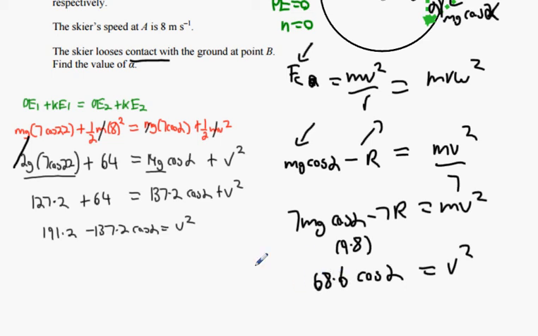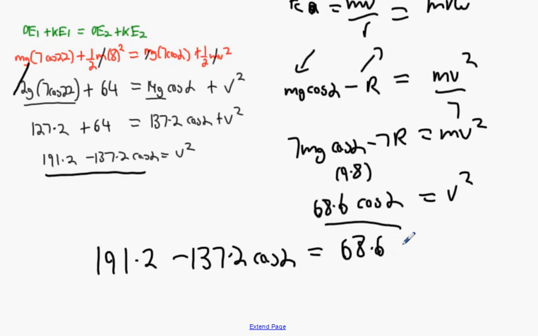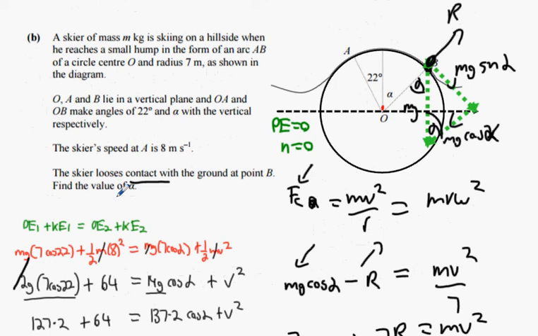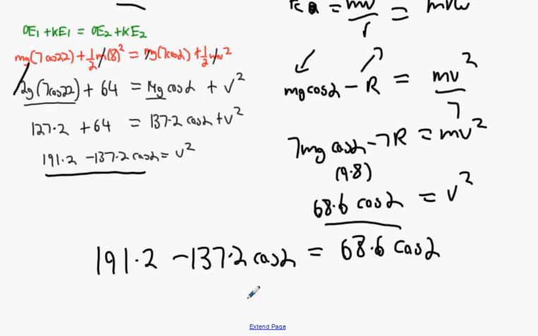Yeah. Now I have two very compatible looking equations. So I have 191.2 minus 137.2 cos alpha equals 68.6 cos alpha. Now, does answering alpha actually get me the answer to my question? Find the value of alpha. Perfect. It actually does, for once. So take them away from me, bring them over, add them together.